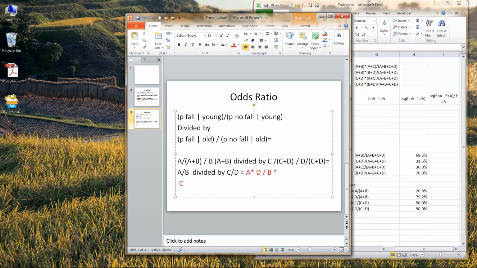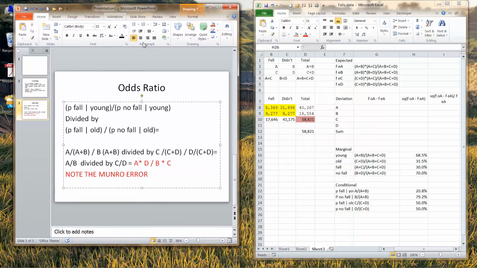Now note that in Monroe this is erroneously stated, which is part of the reason that I wanted to derive it for you here.